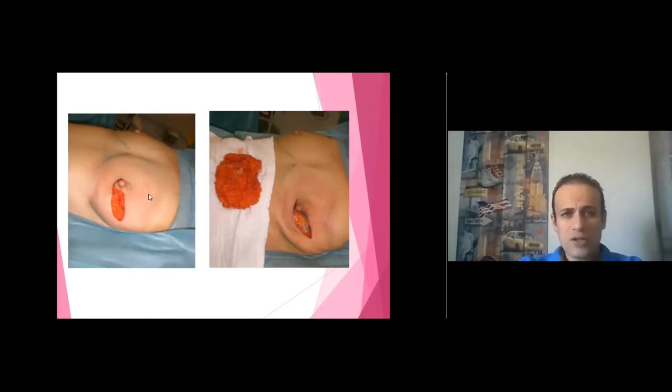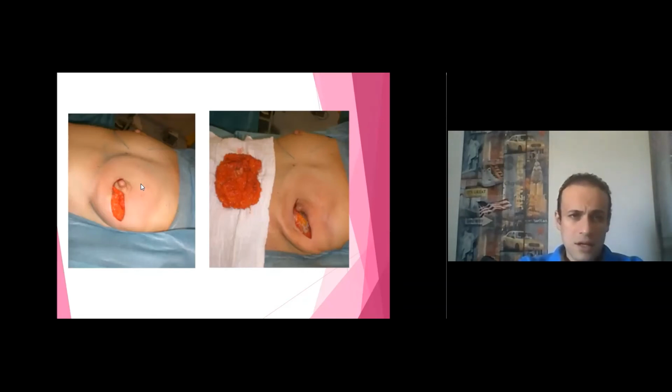The patient, as we see, has a scar because we had operated through a detected tumor, and after the operation the pathology report said that it is an extensive ductal carcinoma in situ.